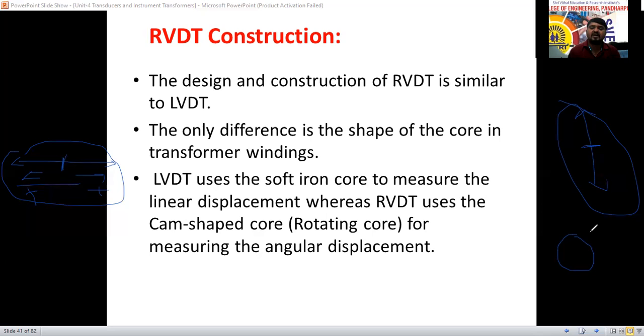If the rotating core is shifted from 0 degree to 30, 45, 50 degree, the flux linkage from the primary to the secondary through this rotating core changes. The differential transformer then induces EMF in both secondary windings S1 and S2. The bigger value minus the smaller value gives the differential output. That is called the RVDT function.